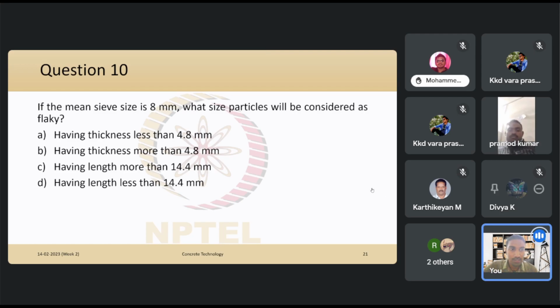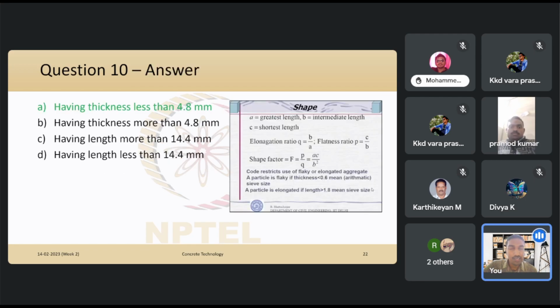Okay, so let's take a look at the answer now. The right option is option A. When the thickness of the particle is less than 4.8 mm, then it will be flaky, right? This is for a given mean sieve size. The criteria is we call a particle flaky if the thickness is less than 0.6 times the mean sieve size.